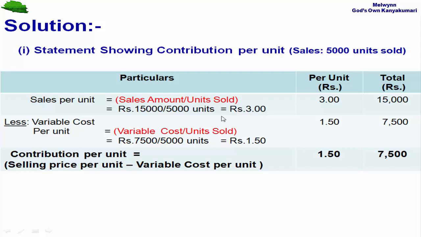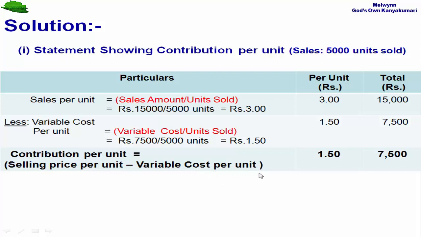Then less variable cost is equal to variable cost divided by units sold. That is rupees 7,500 divided by 5,000 units is equal to rupees 1.50 per unit. Then contribution per unit is equal to selling price per unit minus variable cost per unit.